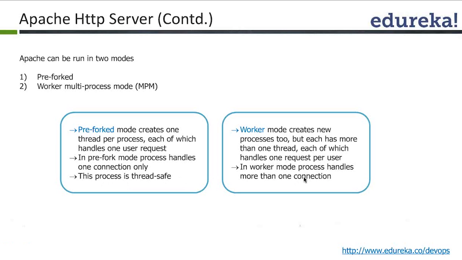We have simultaneously many people coming in and talking, and it's completely two-way. There are multiple guys getting connected there. So the Apache server has also been designed this way. When I say pre-forked, it is one-to-one. And when I say multi-worker mode, that means one socket can handle multiple connections.